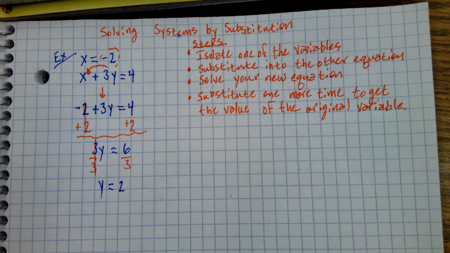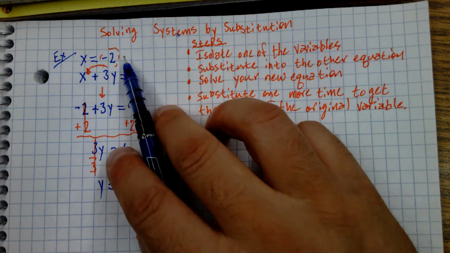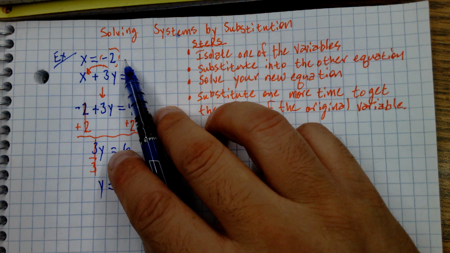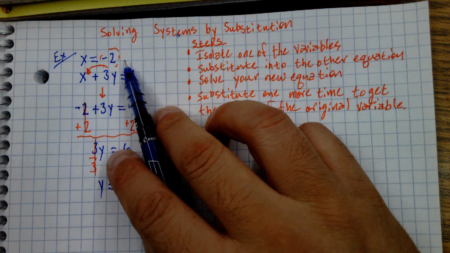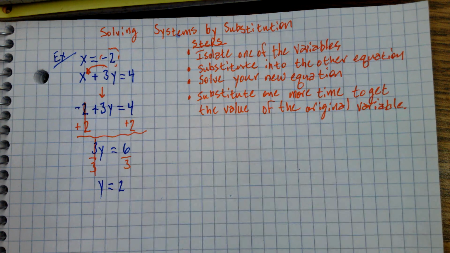Now, normally, we would take this answer y equals 2 and go back to our original equation that we substituted with to figure out x. But we're lucky this time. We already have the answer for x, so we can get our solution.